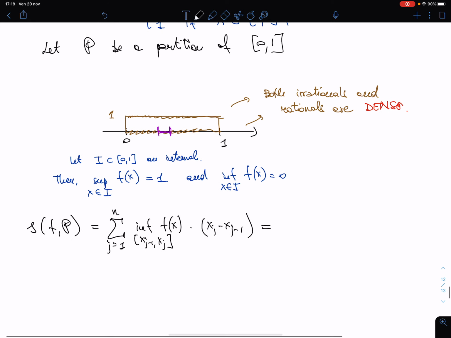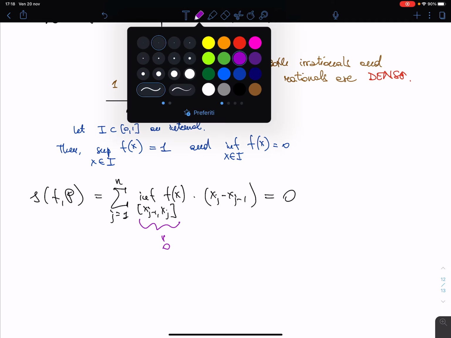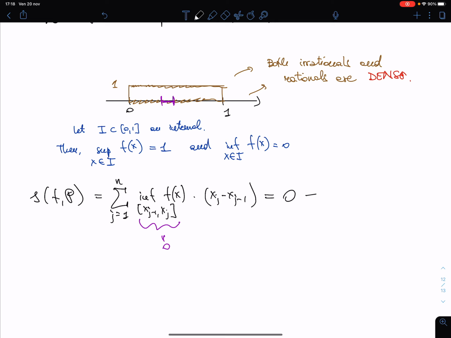This is always equal to 0, because every infimum here is 0. And this implies that since it is true for every lower sum, as a consequence, the lower integral from a to b of f of x dx is equal to 0.